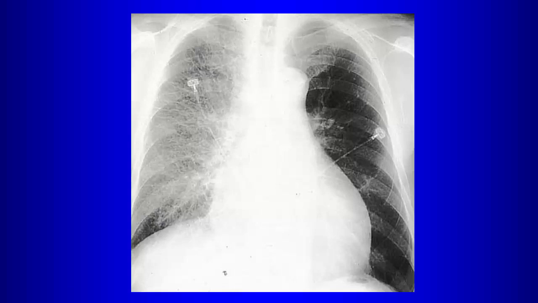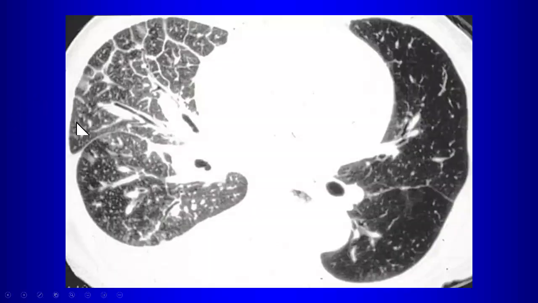Re-expansion pulmonary edema, right? Associated with a large pleural effusion or pneumothorax, right? So re-expansion pulmonary edema is certainly something you should think about if you have what looks like unilateral pulmonary edema.